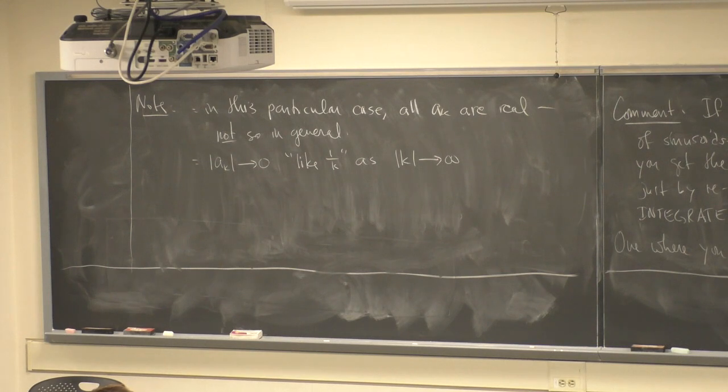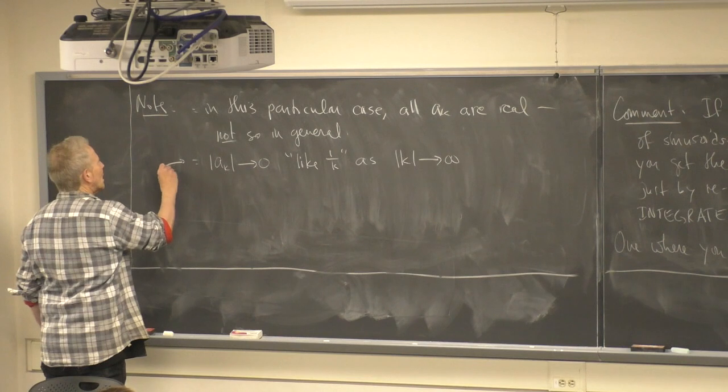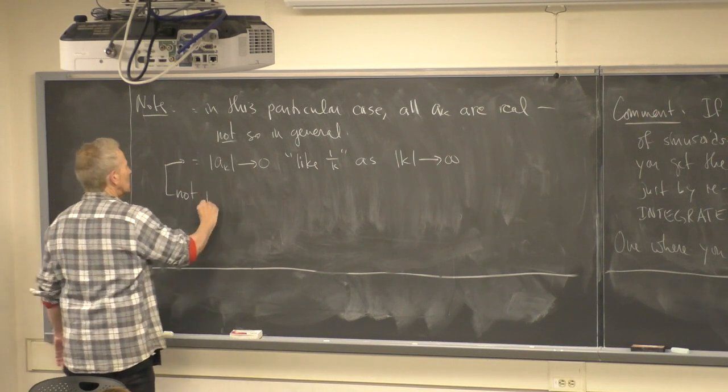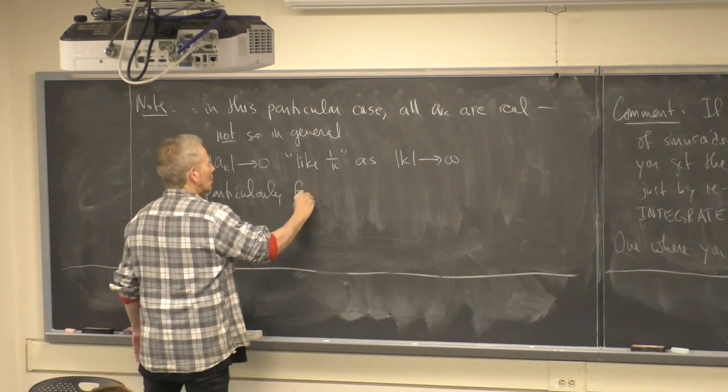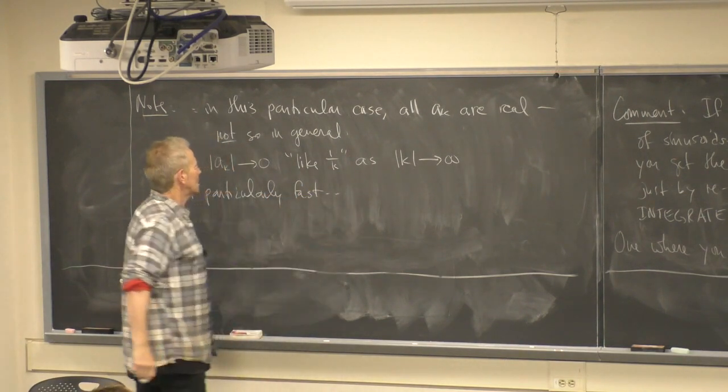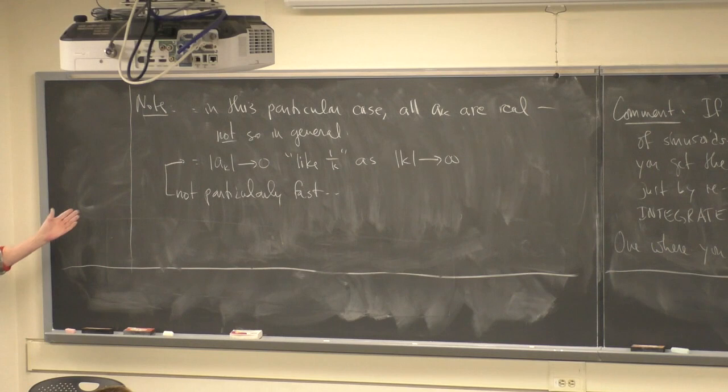And 1 over k is not a particularly fast rate of decay, as you may know or not know. It's not even fast enough so that you can guarantee that the sum of all the coefficients converges.